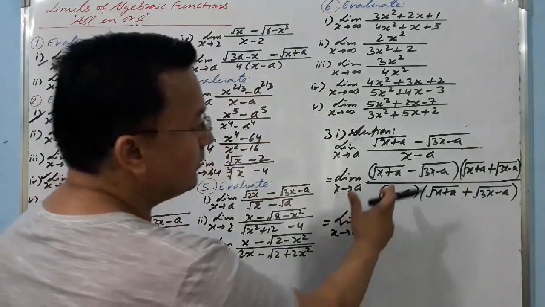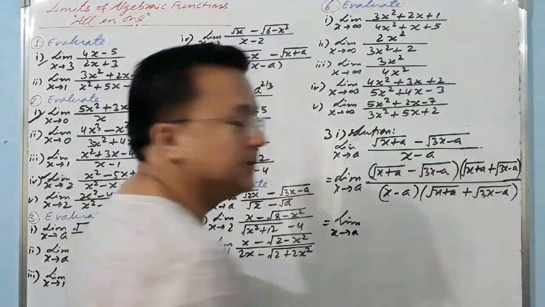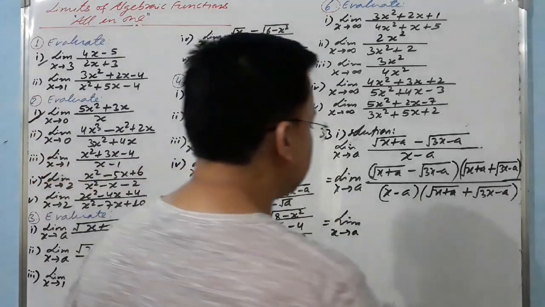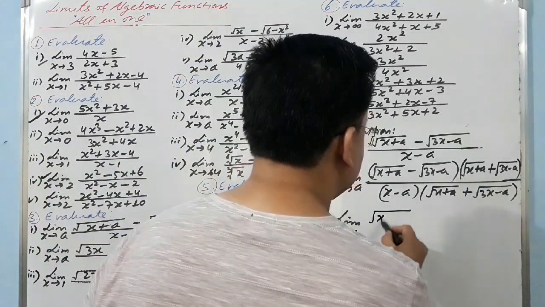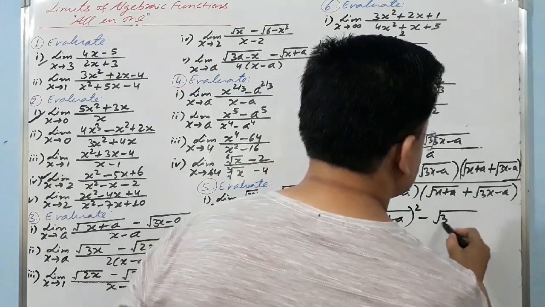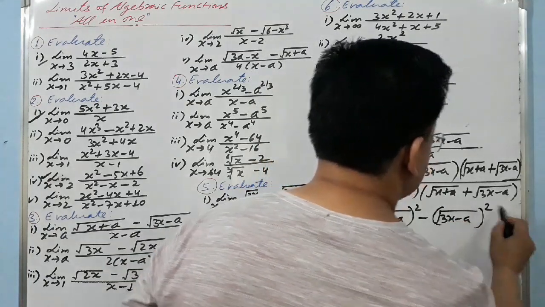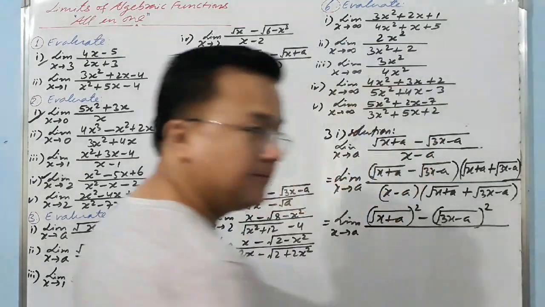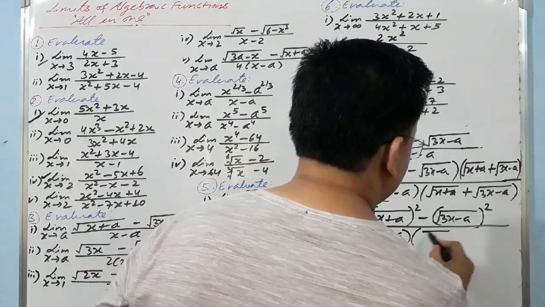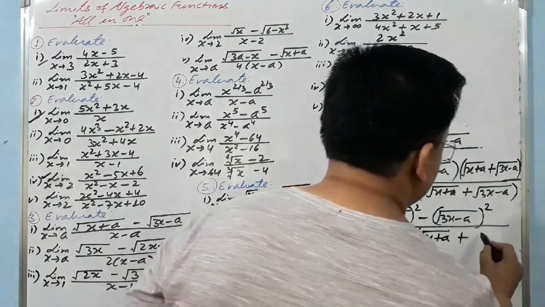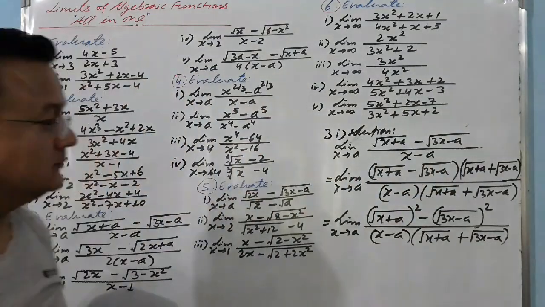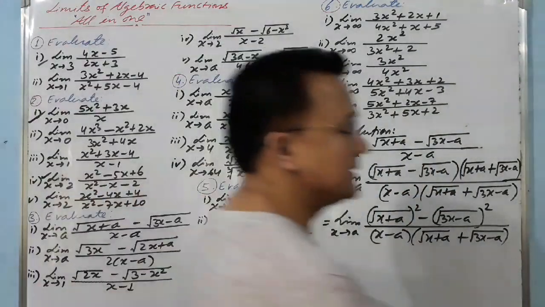Here now a minus b, a plus b, we need to apply the a squared minus b squared formula. Using that formula we can write down a squared minus b squared, x plus a minus 3x minus a whole over x minus a, and root x plus a plus root 3x minus a. Okay, now see the next step.